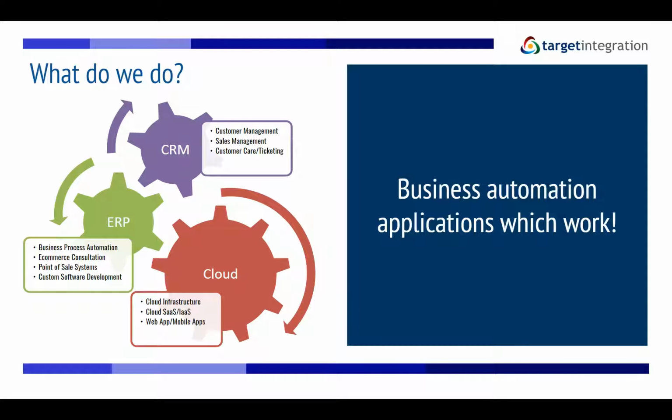This falls under business process automation, e-commerce consultation, POS systems, and custom software development. And cloud is focusing on cloud infrastructure, cloud SaaS, infrastructure as a service, and web apps and mobile apps. So we can help you implement these into your business.